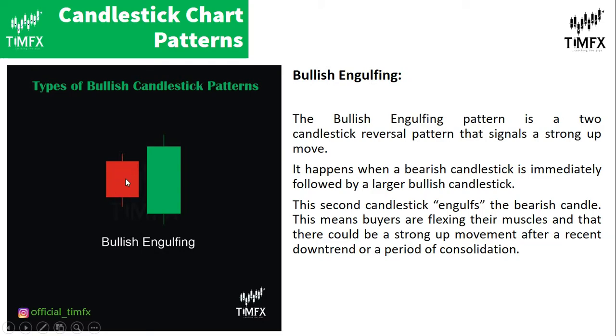This was the last bearish candlestick that occurred in the downtrend. Now the next candlestick that appeared engulfed the bearish candlestick. This signals that the next movement is an uptrend.